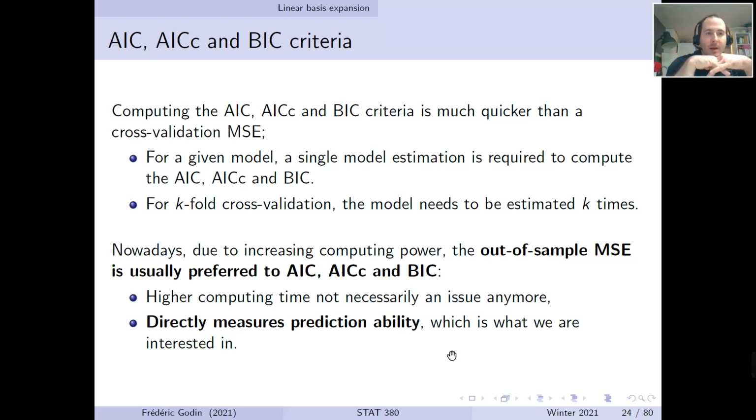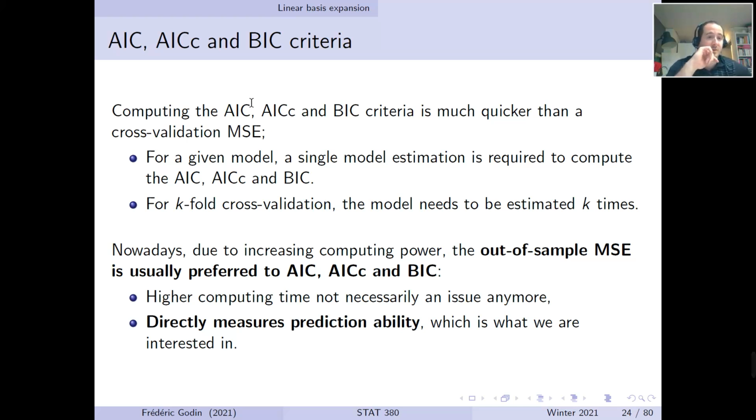Okay. So now, we discussed the shortfall of these more traditional criteria, but the advantage is that it's much quicker to compute the AIC or BIC than the cross-validation MSE. Because for AIC, for example, or the other criteria, you only need to train the model once on your training set, and then this gives you the quantity for the AIC directly.